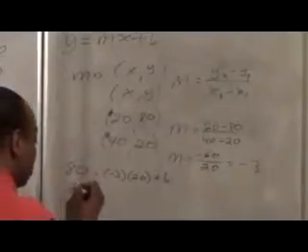Negative 3 times 20 will give me negative 60. And then I add 60 to both sides. That gives me a y-intercept of B is 140.